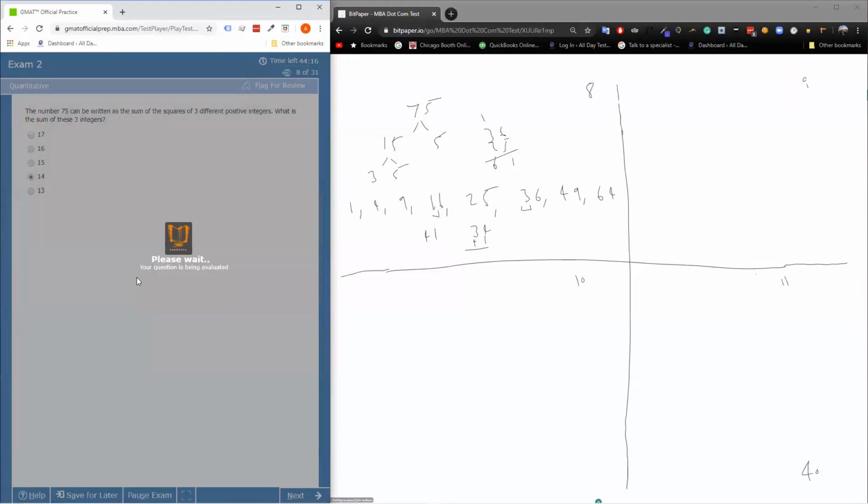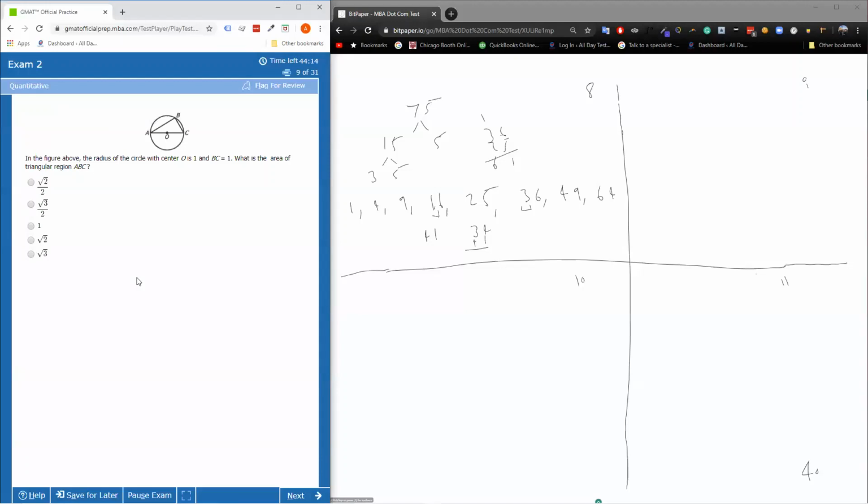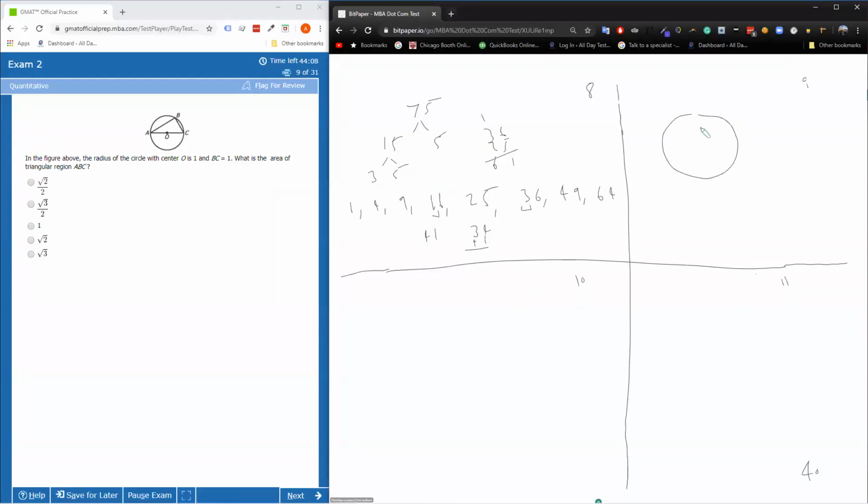And the figure above, the radius of the circle with center O is 1. BC is also 1. So that is 1. That is 1. This is a triangle inscribed in a circle with a hypotenuse as the diameter.